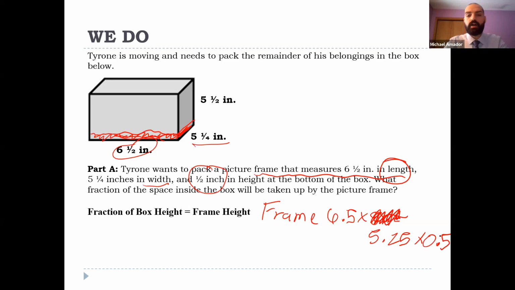So I can find the volume, and we can all find the volume of this box. What I want you all right now to do is find the volume of the picture frame. We are all finding the volume of the picture frame.